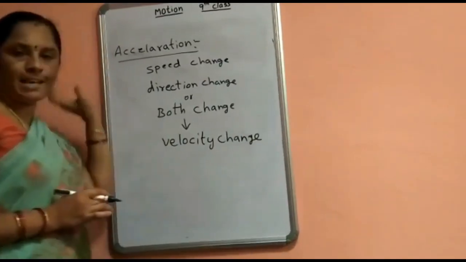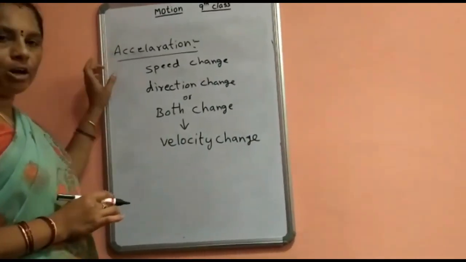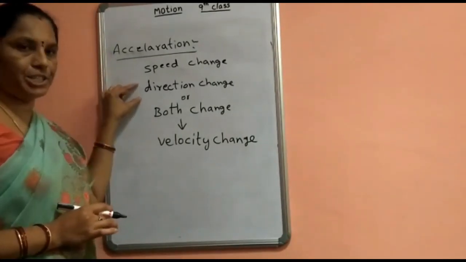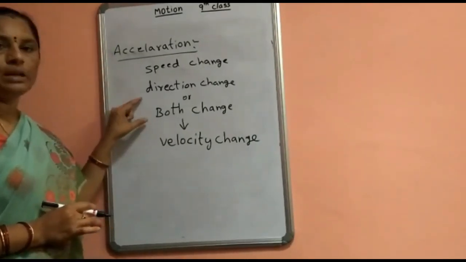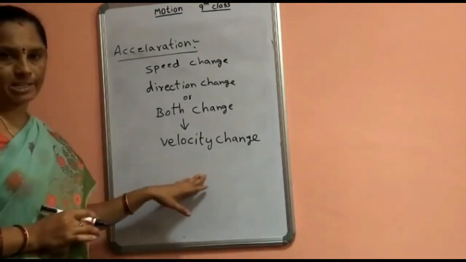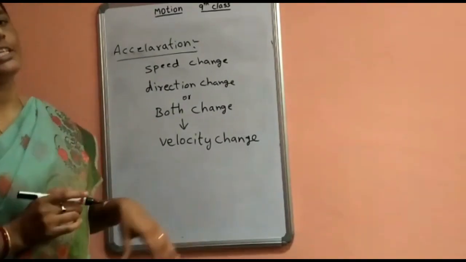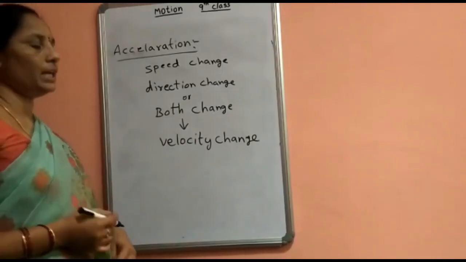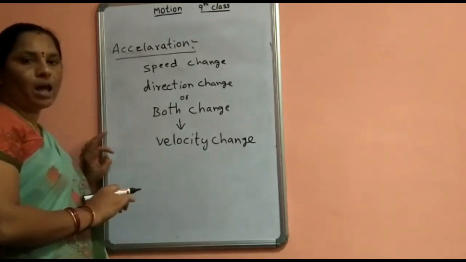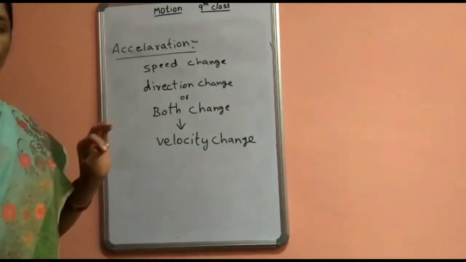Once again, what is acceleration? If an object's speed changes or direction changes or both change, its velocity changes. The object whose velocity changes continuously is called an accelerated body.